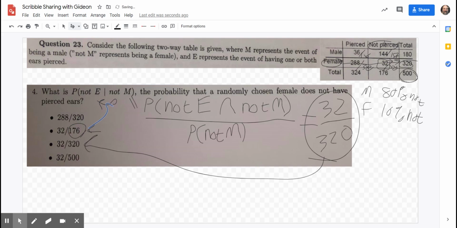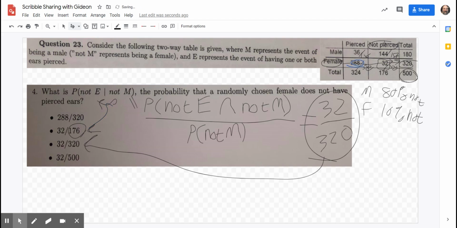The 288 over 320, I think that might be the not applied too many times. I think 288 plus 32 is 320. So I think that's applying the not too much. Or maybe that's just misreading.